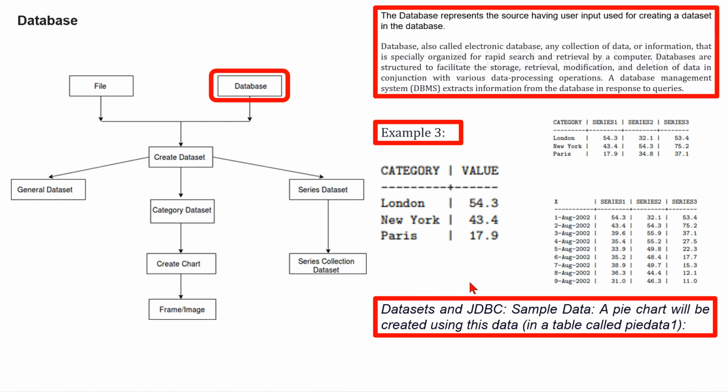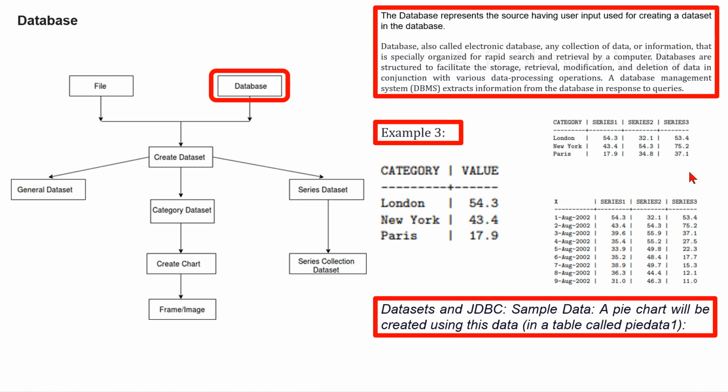To see JDBC datasets in action, you need to create some sample data in a test database. Here is listed some sample data that will be used to create a pie chart, bar chart, and a time series chart. A pie chart will be created using this data in a table called PieData1.